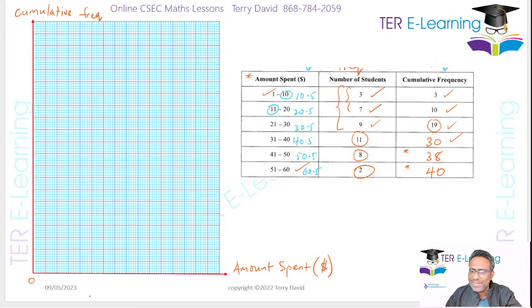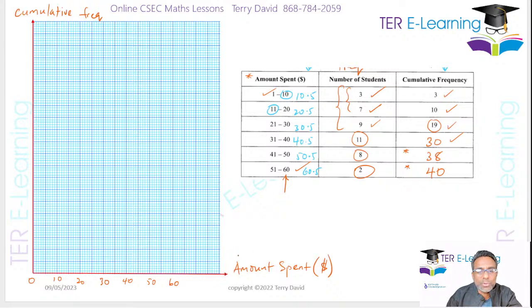Now somehow I find that the graph might be looking a little small still. The largest amount of money spent we have here is 60, so we're only going up to 60. This is 5, 10, 15. Kind of small there. Because I don't want to clutter the diagram, I'm going to put 10, 20, 30, 40, 50, 60.